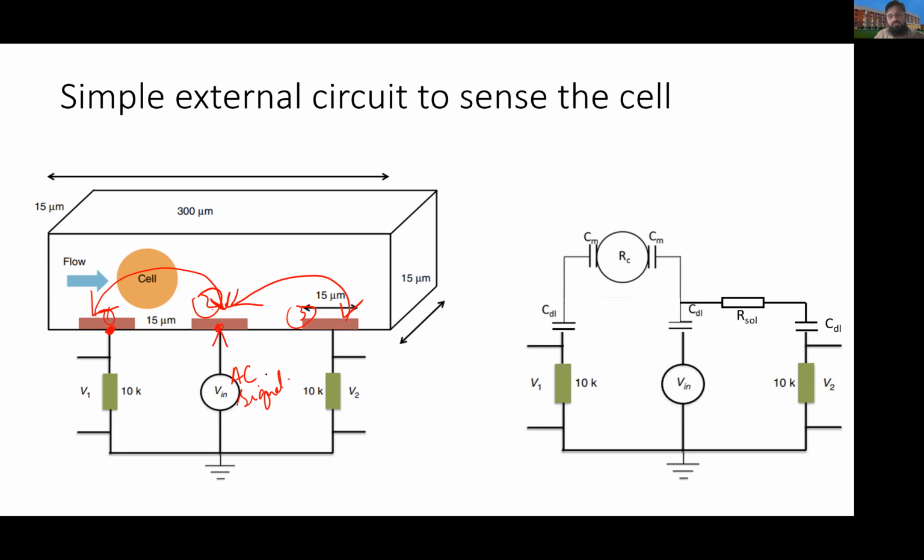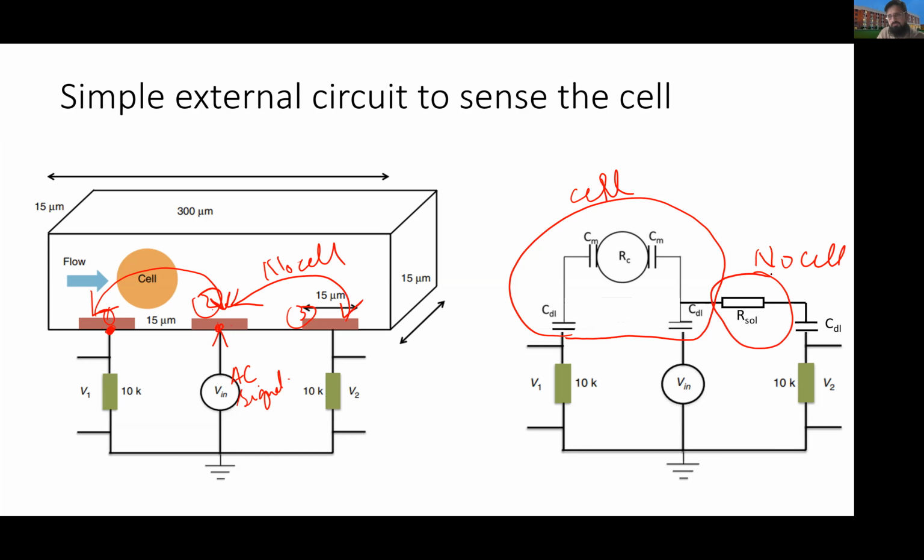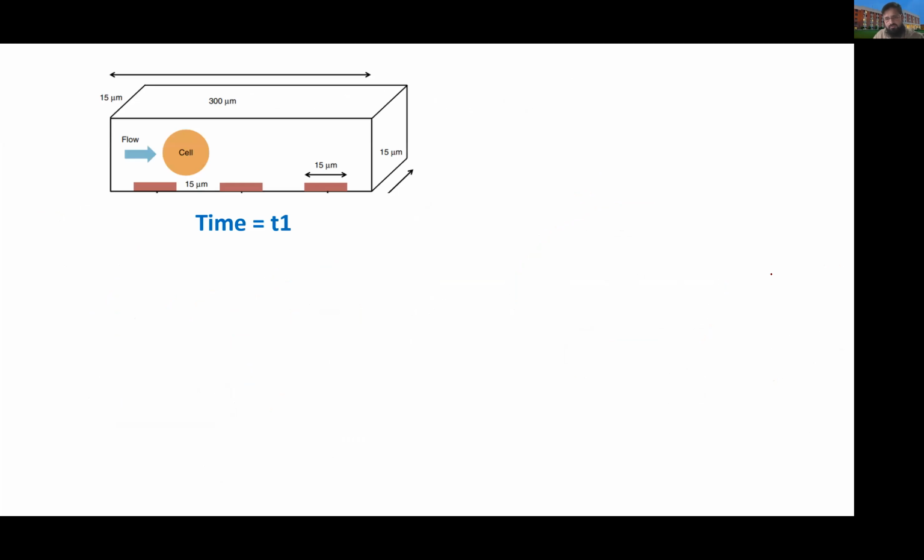Electrically, you can imagine, as we already talked about, that this is the electrical circuit of a cell, and since there is no cell here, you will only have the solution, or the blood resistor. That's the electrical picture.